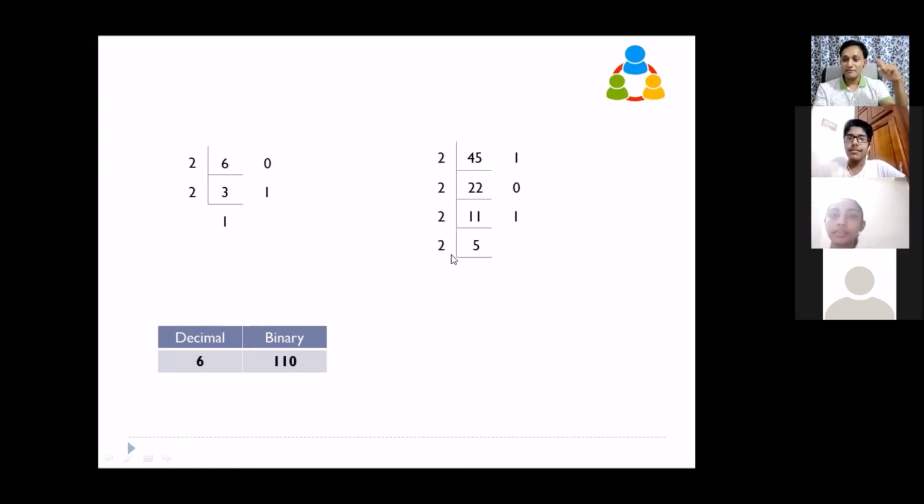Divide again by 2. We get 2 and 1. What does that mean now? 2 sixteens, 1 eight, 1 four, 0 twos, 1 one. We have now got 2 into 2 into 2 into 2 is 16. So 2 sixteens, 2 into 16 is 32.